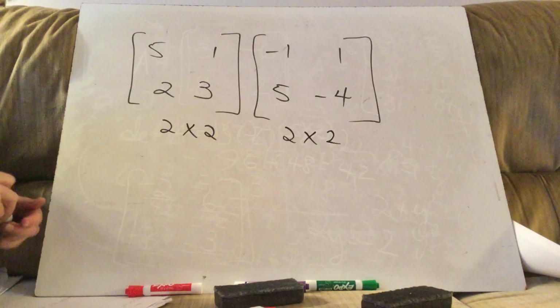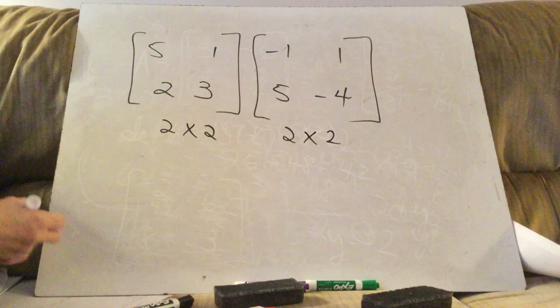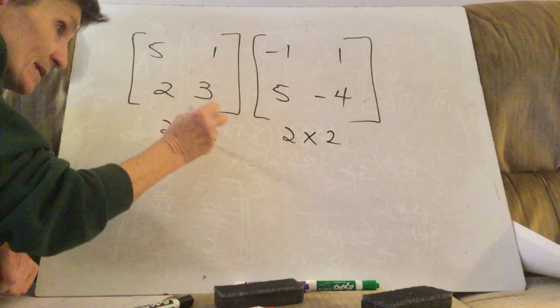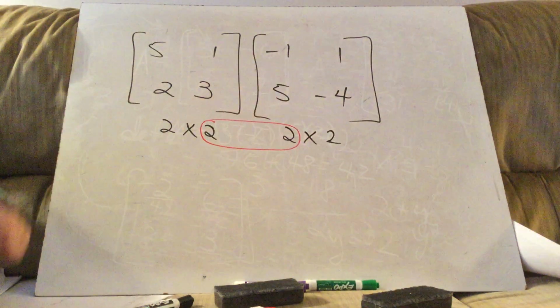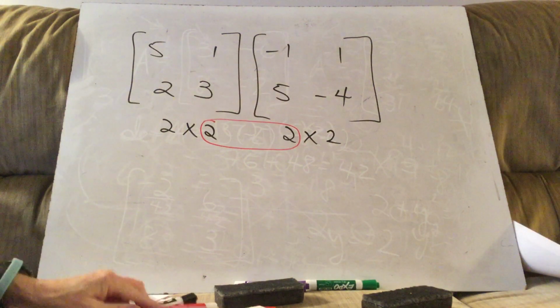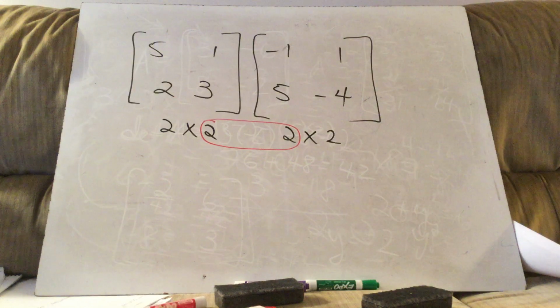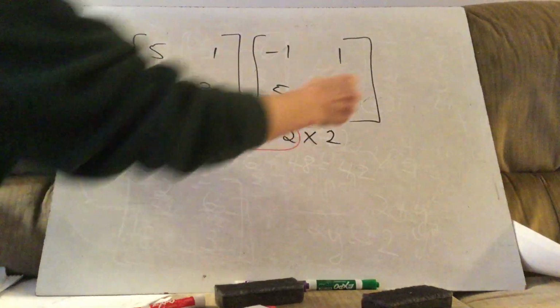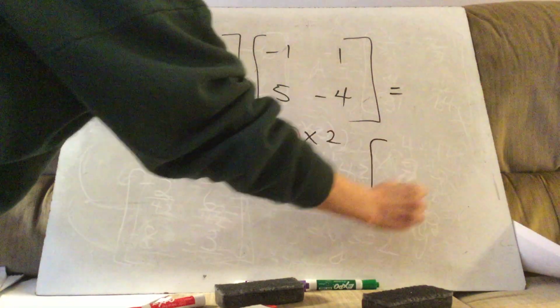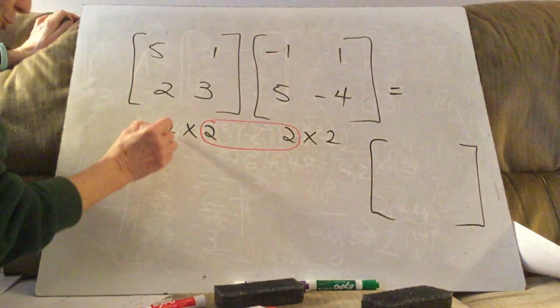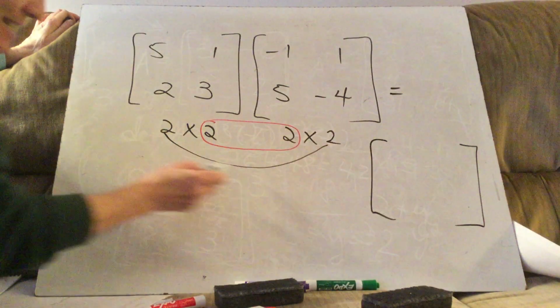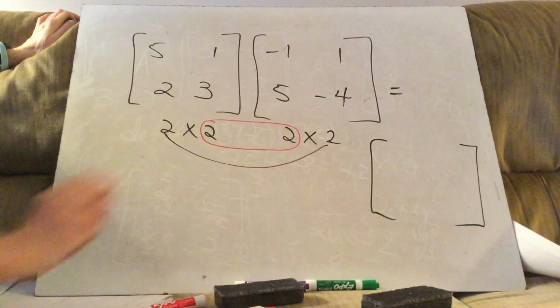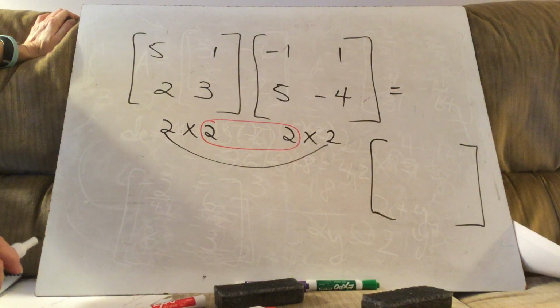And now we're going to multiply them together because these match. Remember, if those inside dimensions match, then you can multiply. And your answer is going to be another 2 by 2 because these give you the dimensions of the answer.